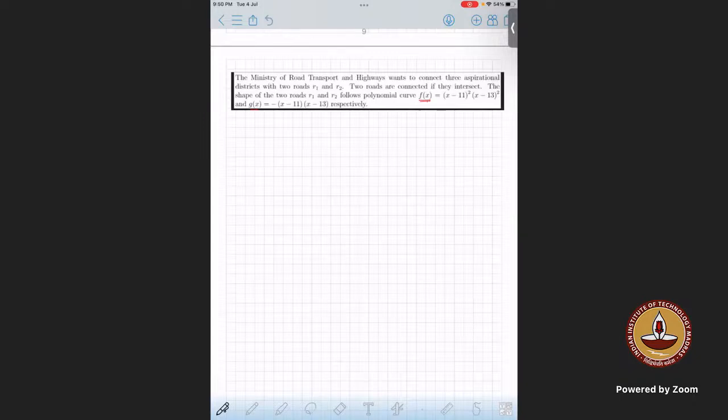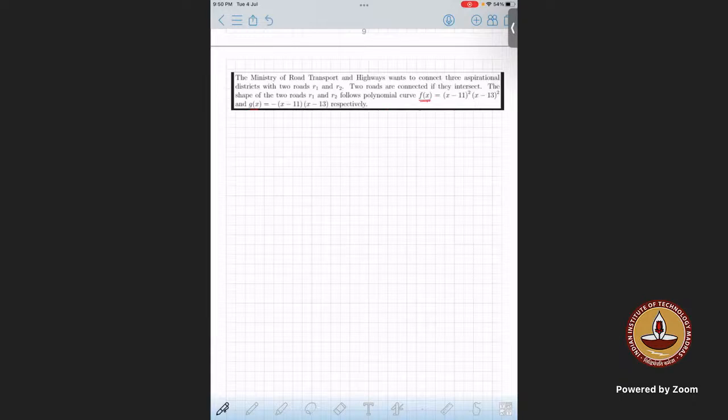No, read the question twice. The Ministry of Road Transport and Highways wants to connect three aspirational districts with two roads, R1 and R2. Two roads are connected if they intersect. The shapes of the two roads are given by two polynomials. Look, the two roads are connected only if they intersect.